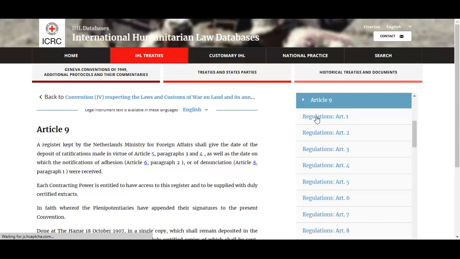Each contracting power is entitled to have access to this register and to be supplied with duly certified extracts from it. So that's just basically saying everyone needs to know, all contracting powers, all parties need to know where you stand.